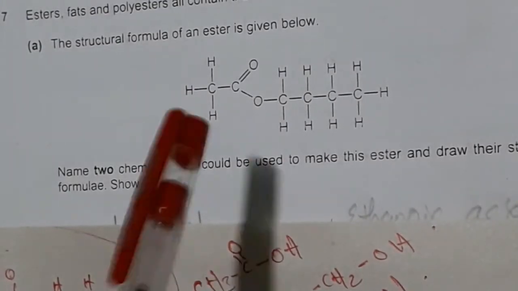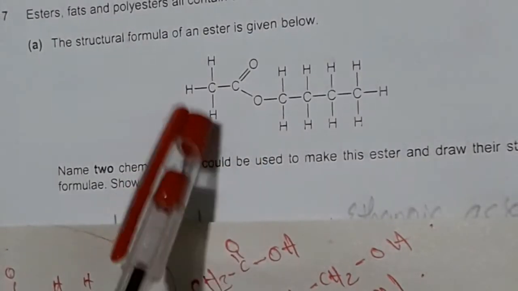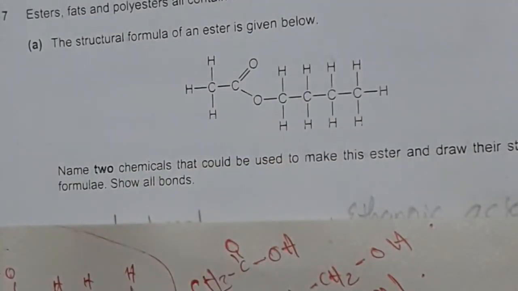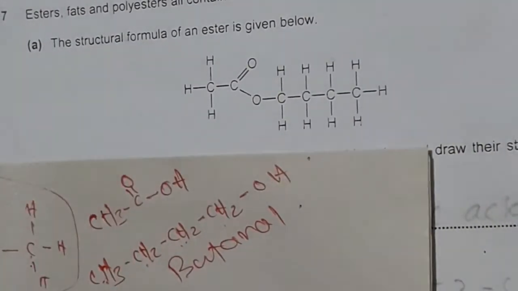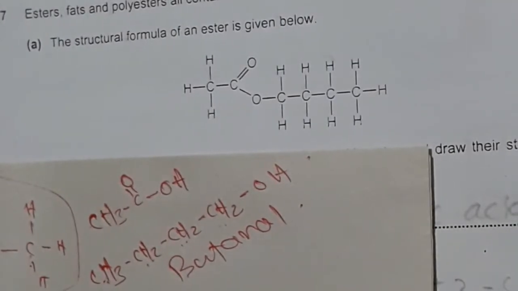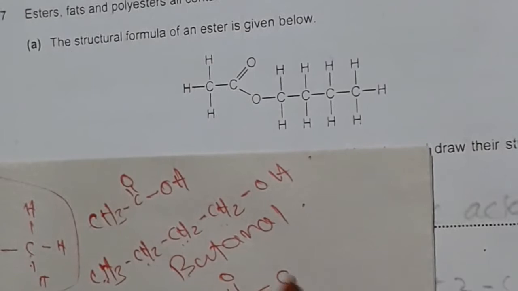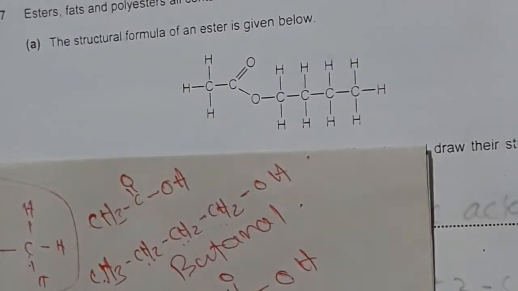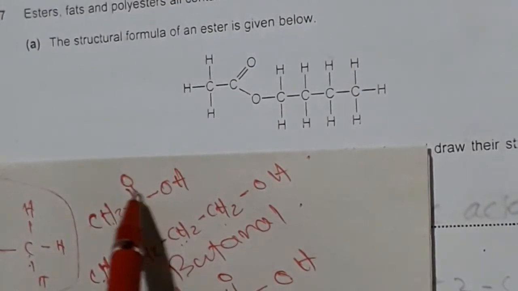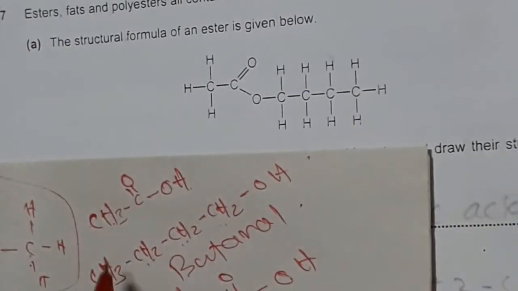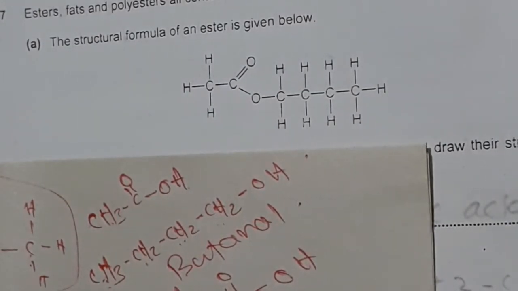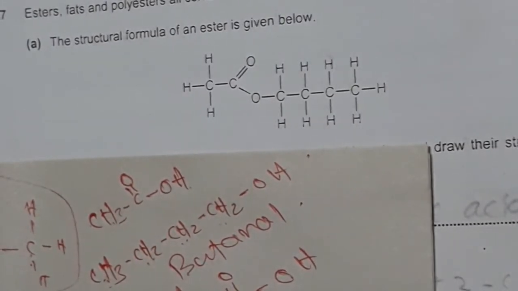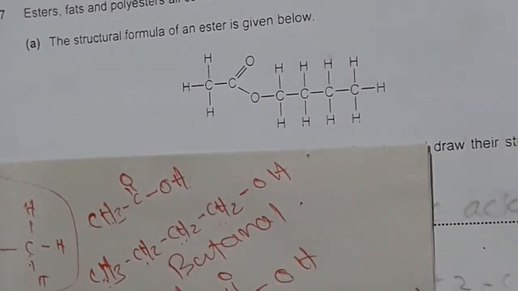Okay, so this compound is made of ethanoic acid and butanol, and you can draw the structure like this. CH3C double bond oxygen OH, or you can write CH3COOH. And this is butanol, 4 carbon, 1 2 3 4, CH3CH2CH2CH2OH.